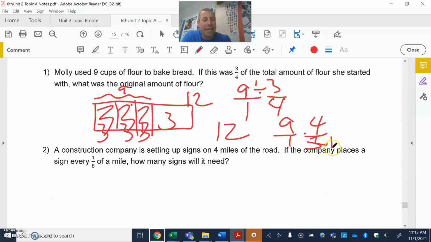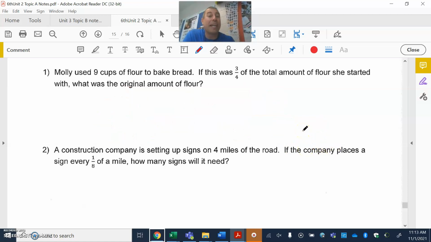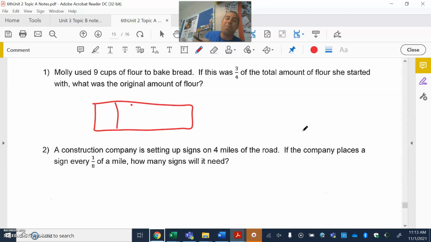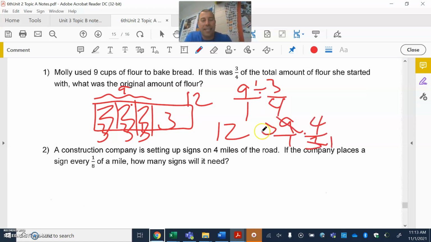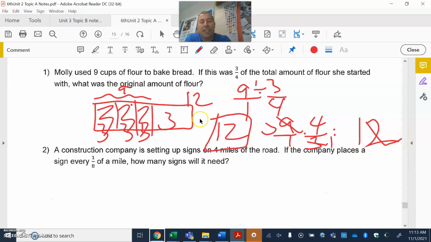I'm going to see my cross division, divide them both by 3. So 9 divided by 3 will give me my 3. And then we can multiply across, and look what we get. 3 times 4 ends up giving me the 12. Man, that's a bad looking 2 that's there. So again, I do get to the exact same answer.